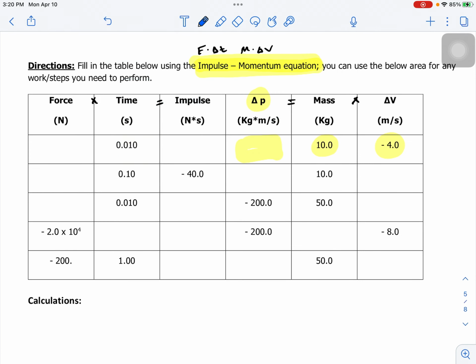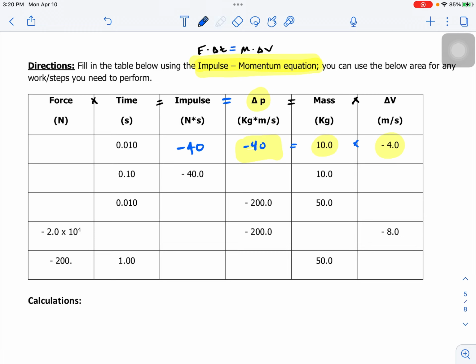So the 10 times the negative 4 is going to give me minus 40 for my change in momentum. But because the impulse and the change in momentum are the exact same thing, these two quantities are the same. So the impulse would also be minus 40, but that's measured in newtons of force times the seconds.